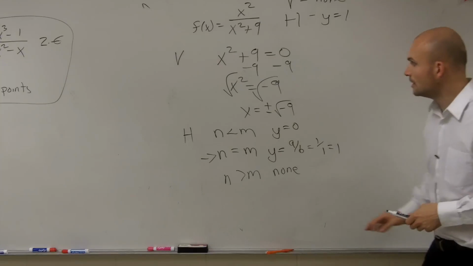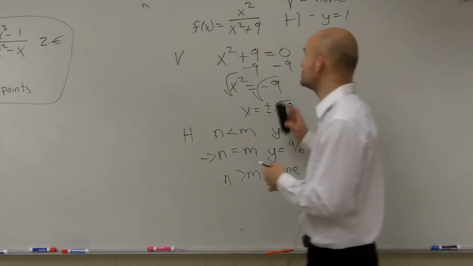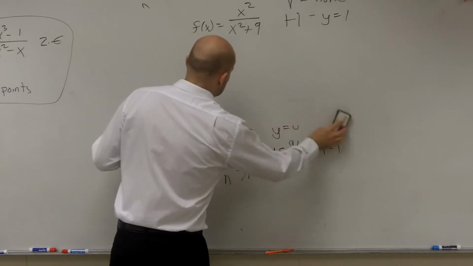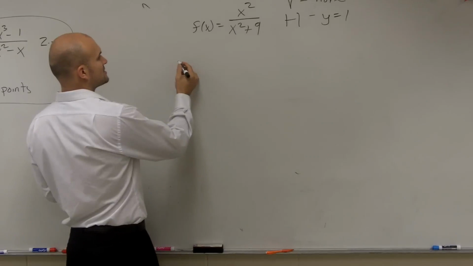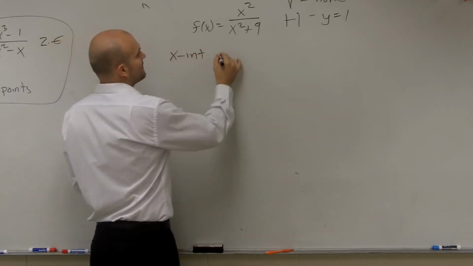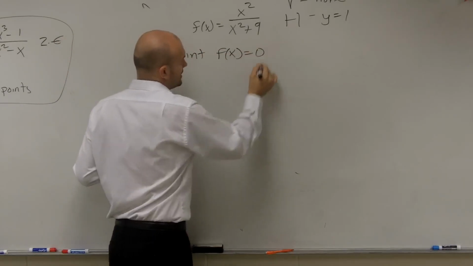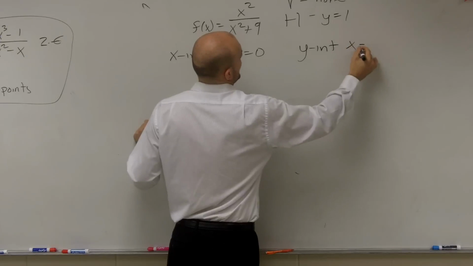Now I'm going to erase this because the next thing I asked you to find was the x and y intercepts. To find the x-intercept, set y, or f of x, equal to 0. And the y-intercept is when x equals 0.